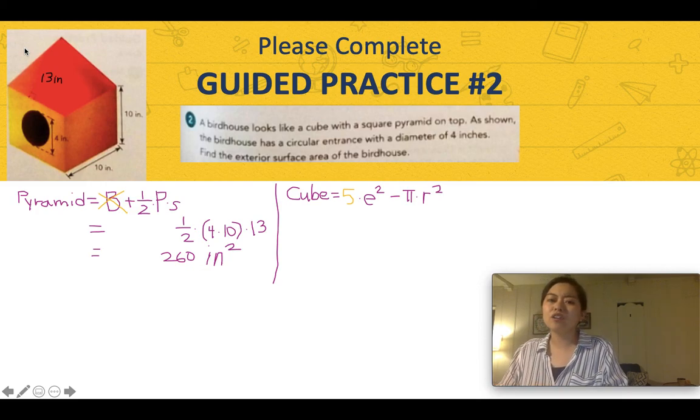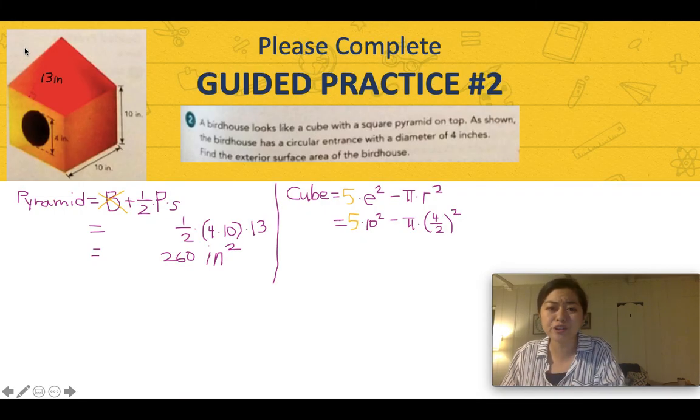Now, how come I subtracted a pi r squared? Well, the pi r squared represents the circular hole in one of the faces, so that's why I subtracted that, because the area of a circle is pi r squared. So when I input the values, I know the edge is 10.